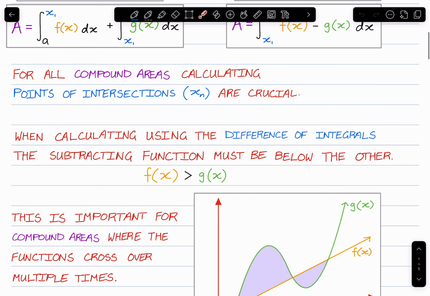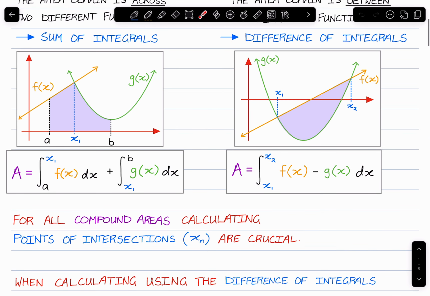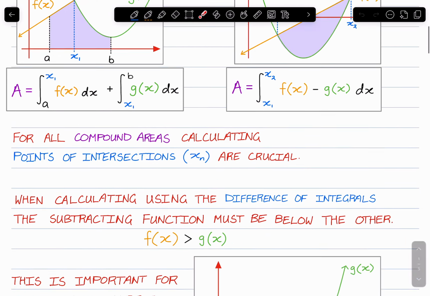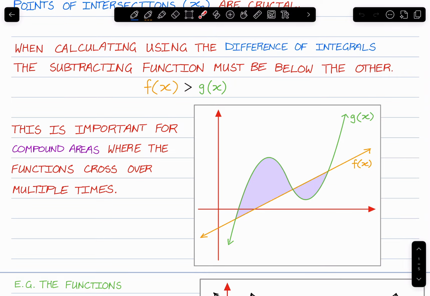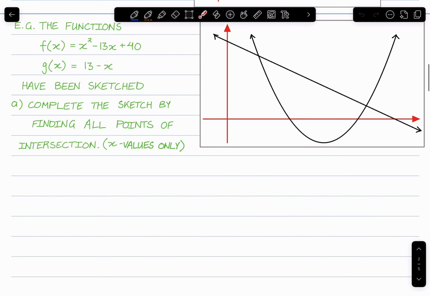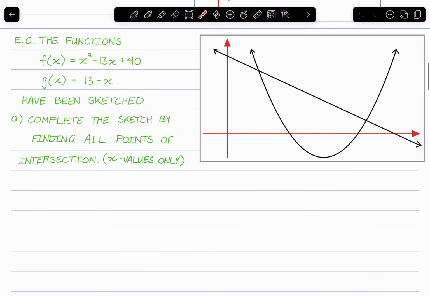And when calculating using the difference of integrals, the subtracting function must be below the other one, meaning in this instance g of x is subtracting, so it must be below the other function. This is important for compound areas where the functions cross over multiple times. You'll see this when we encounter it, so let's go straight into an example here.